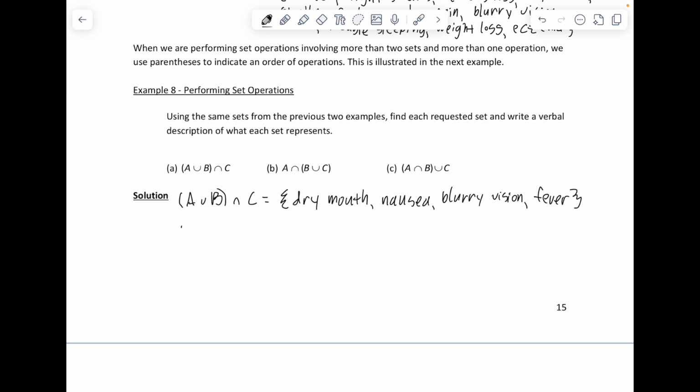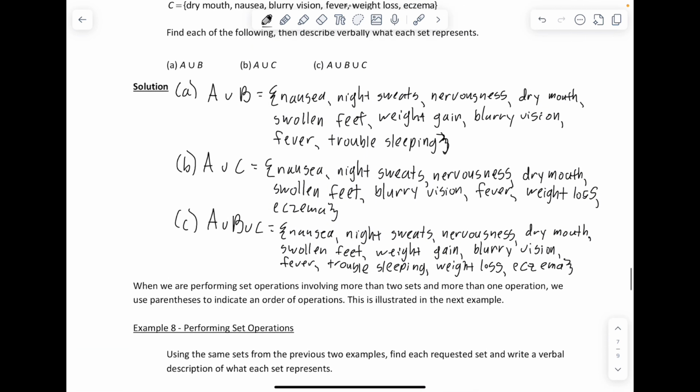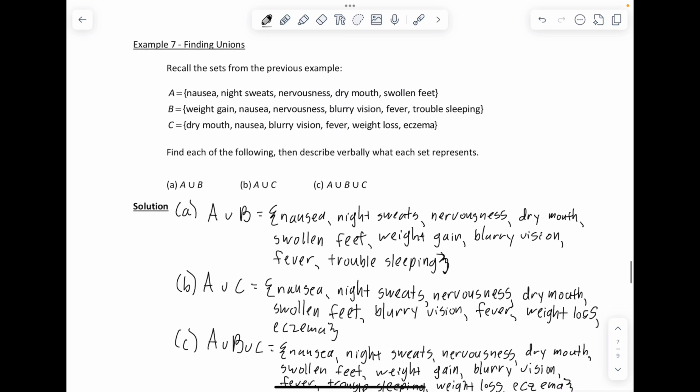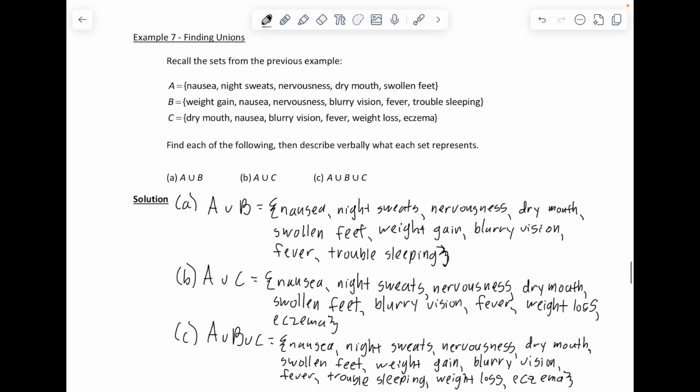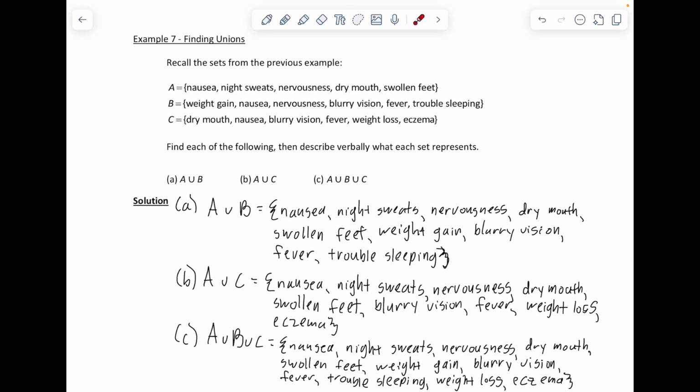Okay. The next one we have A intersection (B union C). Okay. So this is saying take the union of B and C first, right? And then find the intersection of that with A. Okay. So B union C, I guess we didn't actually find that here, but that's basically everything that's in B or in C, right?